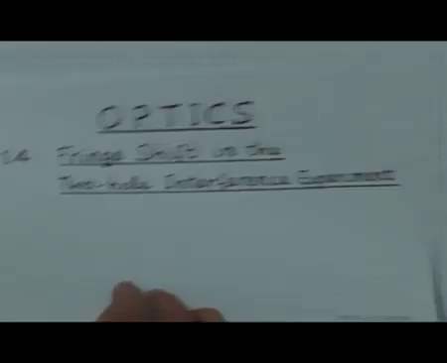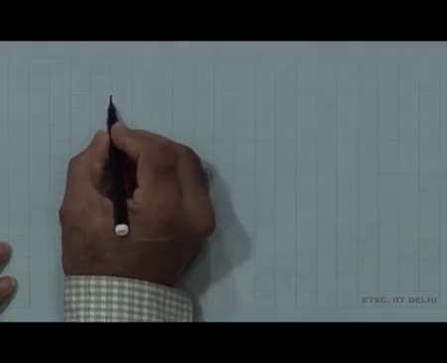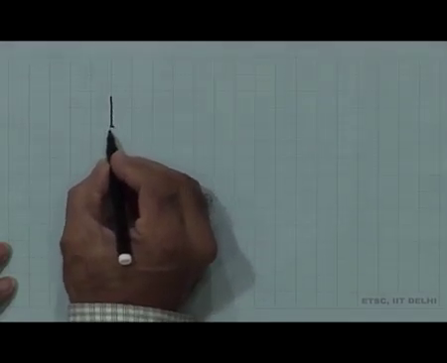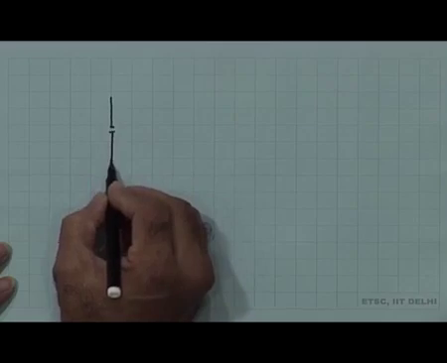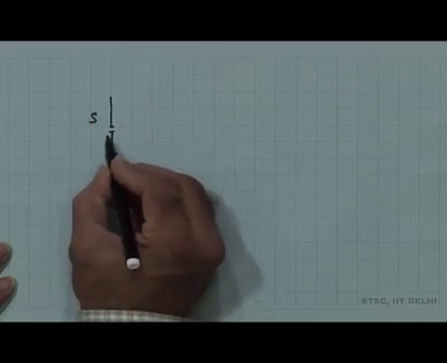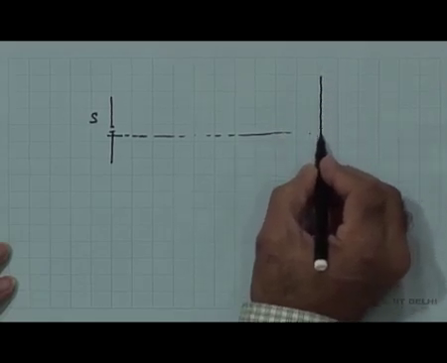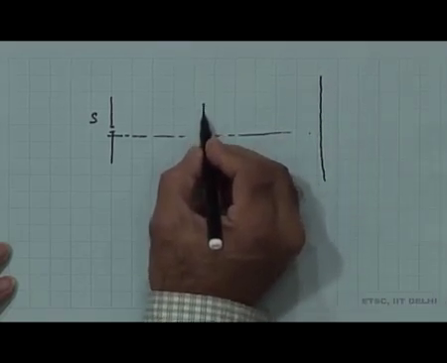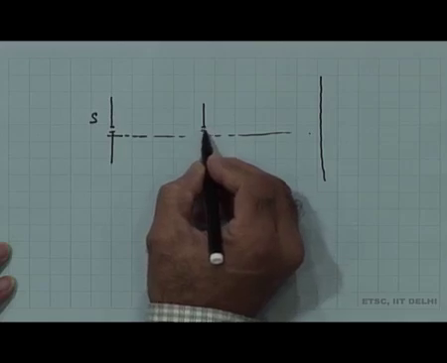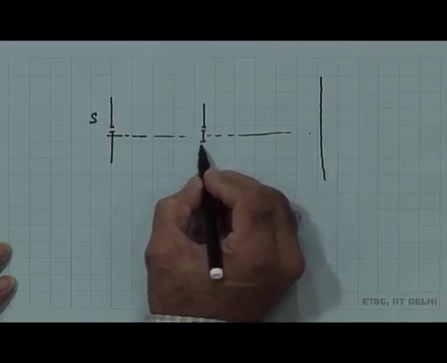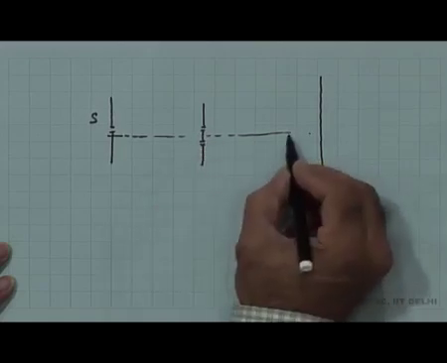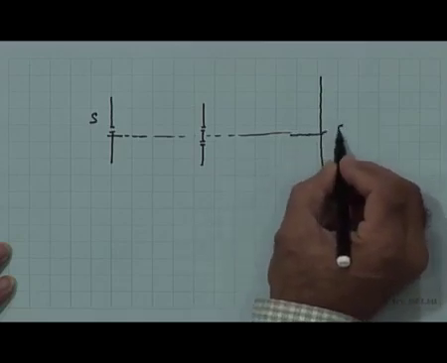Let me recall what we had discussed. In the last class we discussed that if I had a source S here and it is offset with respect to the slits, here is the screen and here are the other two slits, S1 and S2, placed symmetrically about the axis which reaches O here.